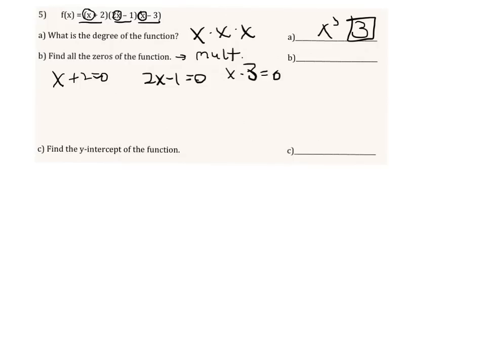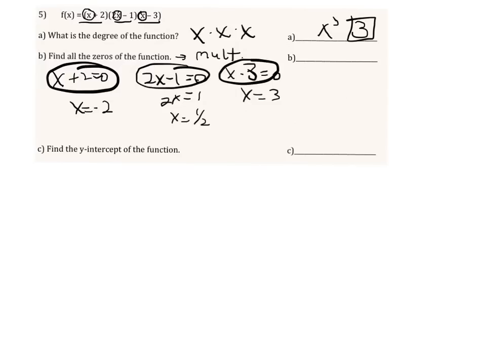I get x equals 3, 2x equals 1, so x equals a half, and x equals negative 2. Because each of these factors only happens once, meaning there's no squareds, cubes, or otherwise, then we say that their multiplicities are all 1. So multiplicity of 1, multiplicity of 1, multiplicity of 1.